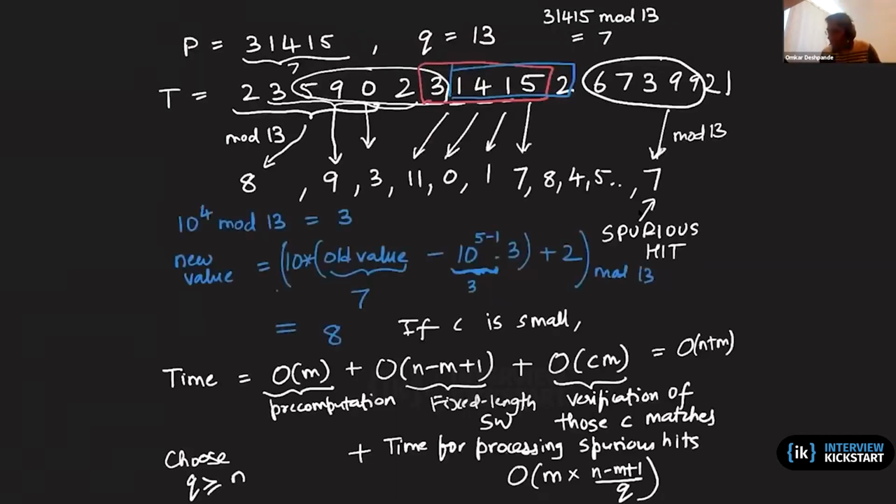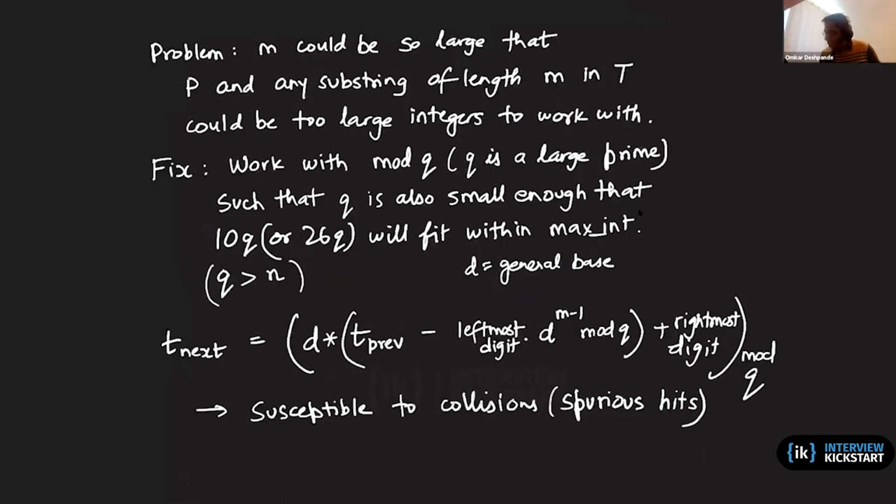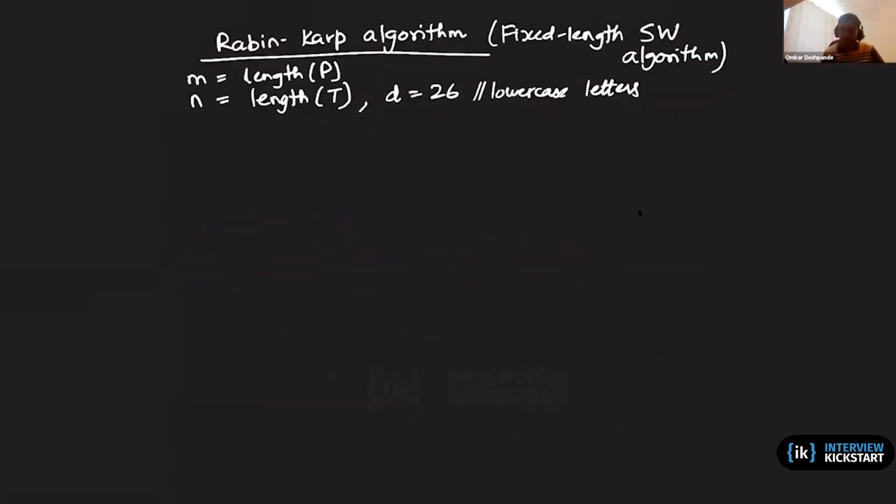So remember that we wanted to pre-compute this value, d to the power m minus 1 mod q, so that we can reuse it again and again. Likewise, the numerical value of the pattern has to be pre-computed, and the numerical value of the leftmost substring in the text has to be pre-computed.